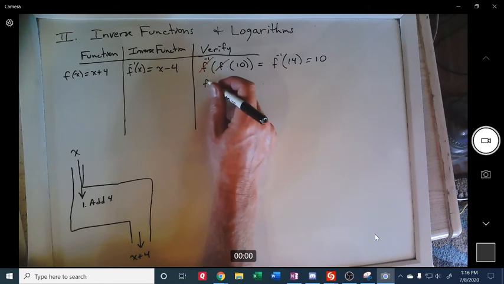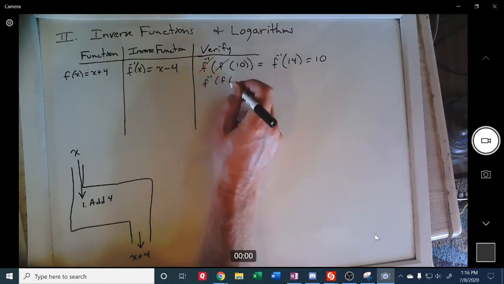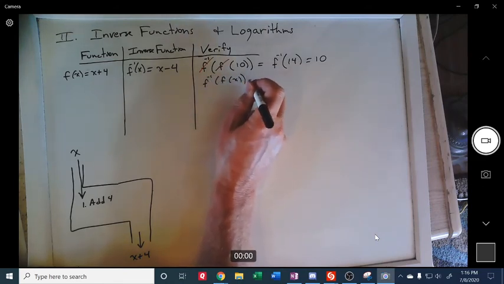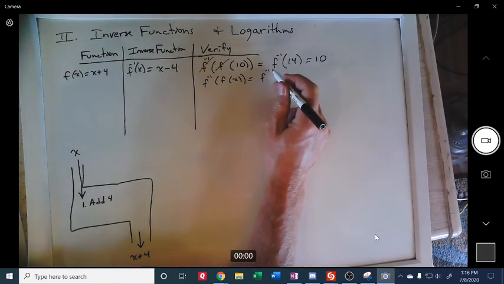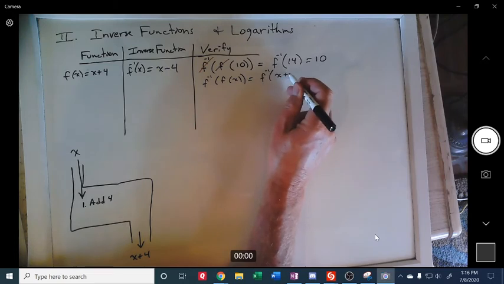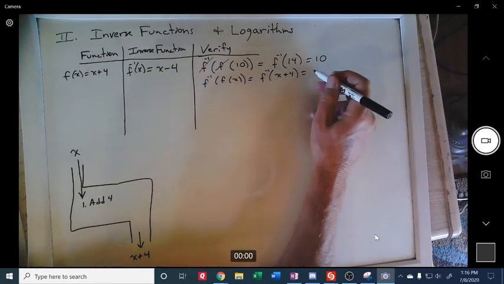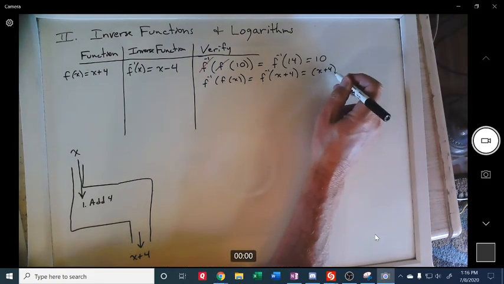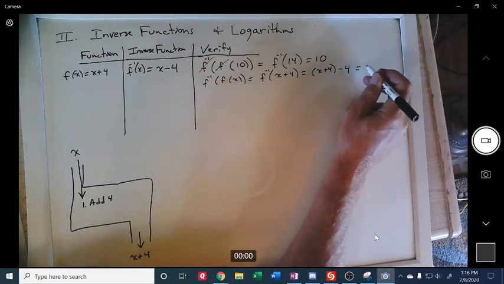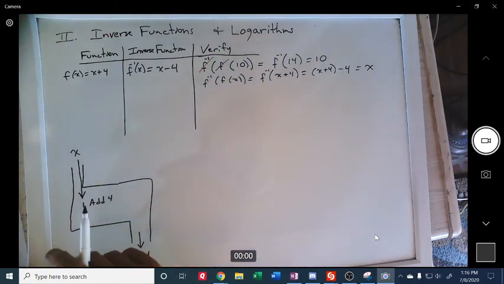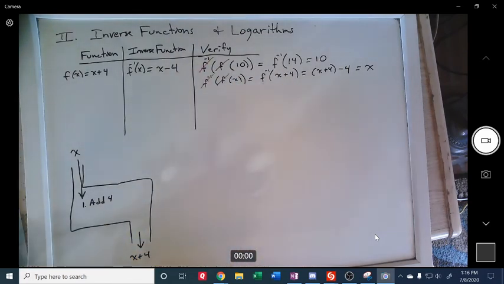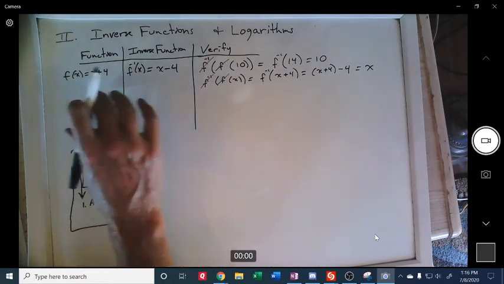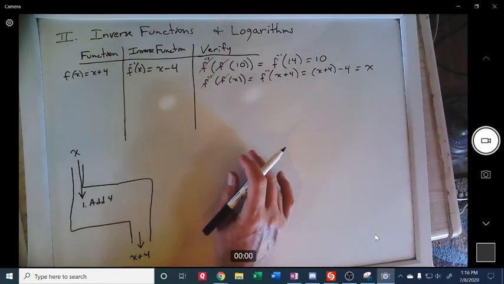The verification is more complete if we use x instead of a specific number, and then it would become f inverse of x plus 4 is x plus 4 minus 4, and then the 4's cancel out, and the same thing happened. It's as if these two killed each other off. Now, we would do it for a whole bunch of different functions.